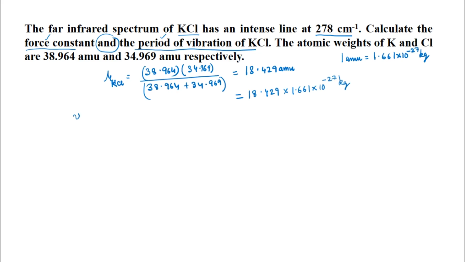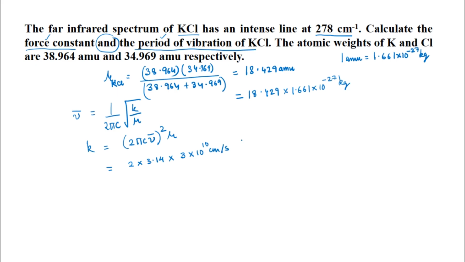So, we know nu bar is given by 1 by 2 pi c root over k by mu. Because we have to find the force constant, that is k, we can write k equals 2 pi c nu bar whole squared times mu. Now, if we put in the values, we have 2 times 3.14, then c is 3 times 10 to the power 10 centimeter per second, and nu bar is given in the question, that is 278 wave numbers.